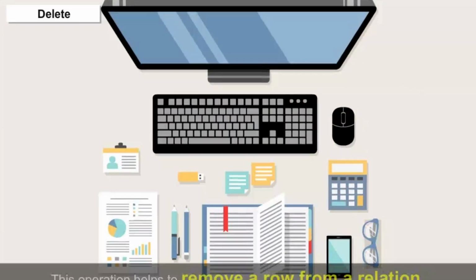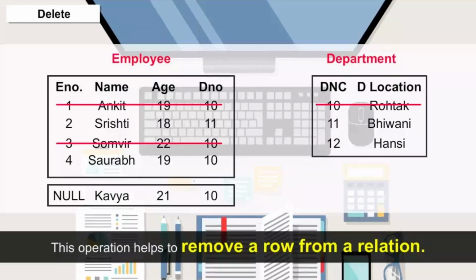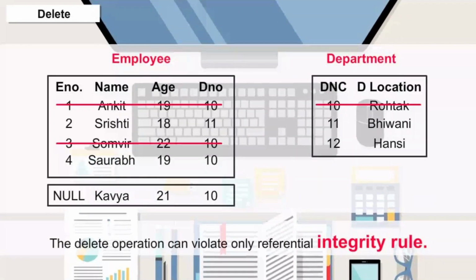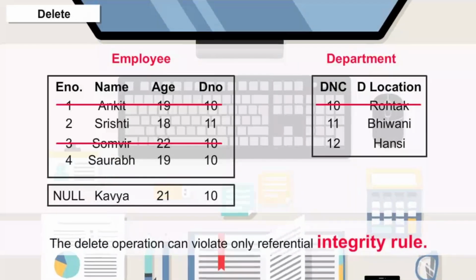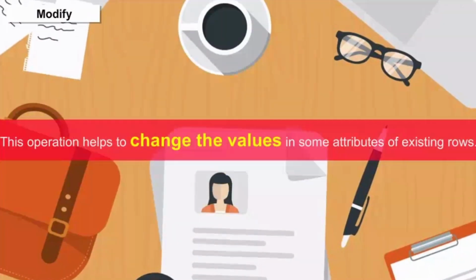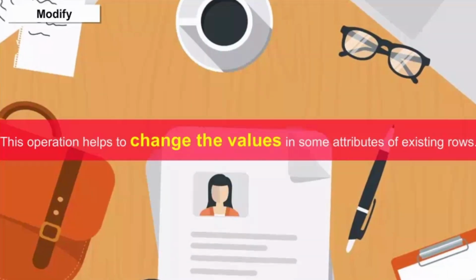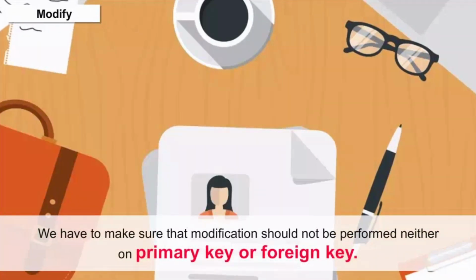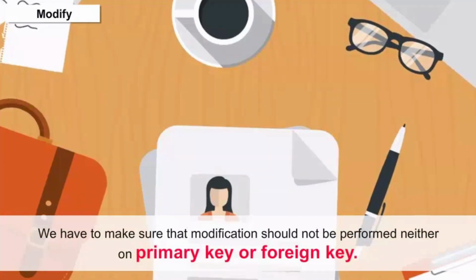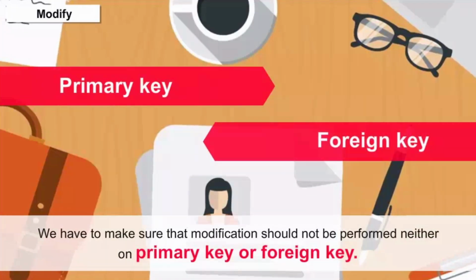Delete. This operation helps to remove a row from a relation. The delete operation can violate only the referential integrity rule. 3. Modify. This operation helps to change the values in some attributes of existing rows. We have to make sure that modification is not performed on either the primary key or the foreign key.